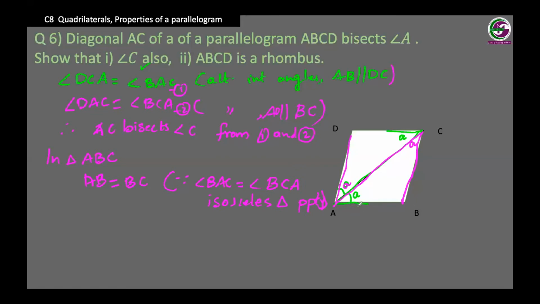So we found these two sides are equal. In a parallelogram, if adjacent sides are equal, then it is a rhombus. Therefore, ABCD is a rhombus because adjacent sides of a parallelogram are equal.